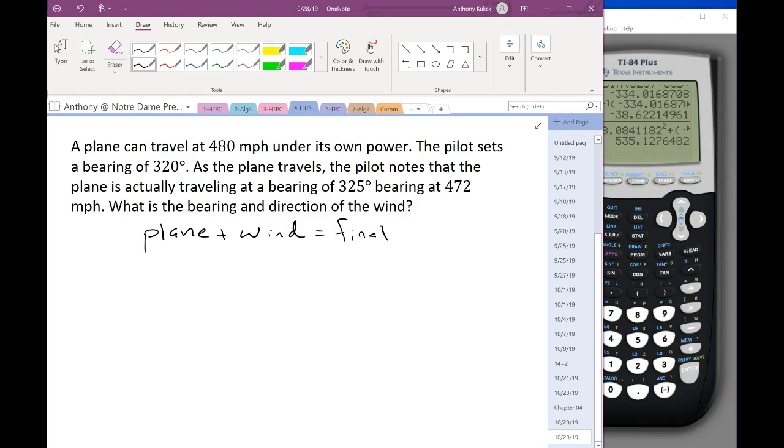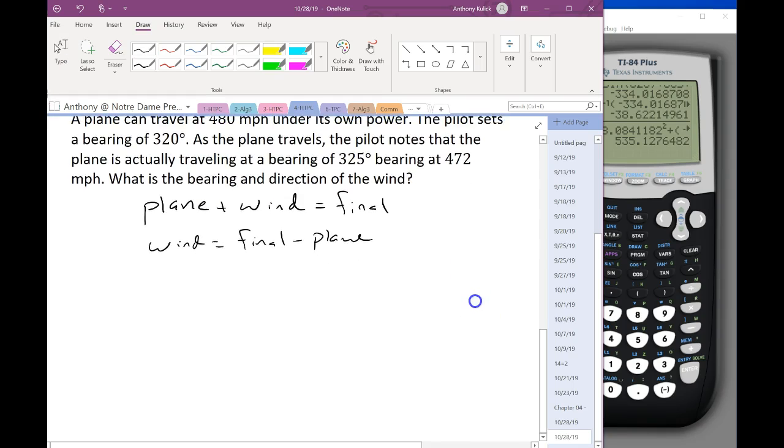So how would we be able to get the wind by itself? We'll just do final minus plane. Just like basic algebra kind of stuff, right? Okay.